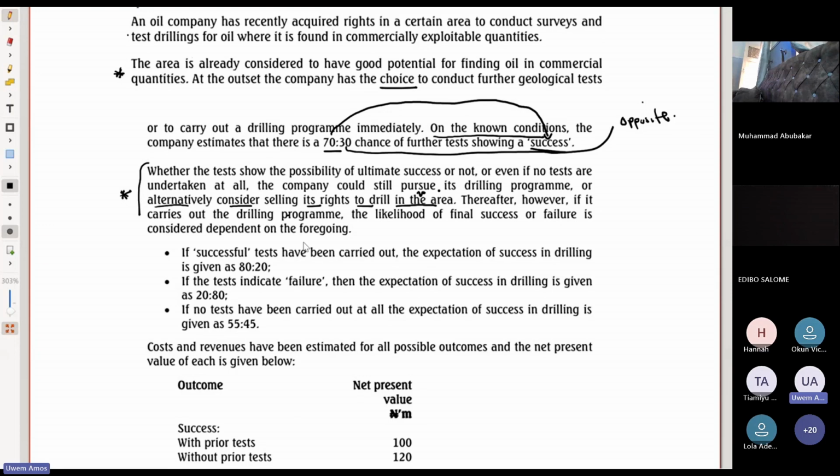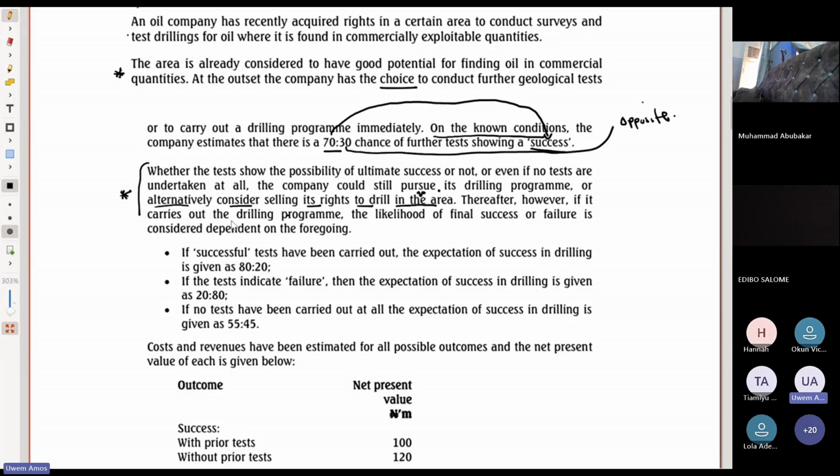Now let's go ahead with that. If it carries out the drilling program and you have a successful test, the expectation of final success in drilling is given as 80-20. So 80 will be success, 20 will be failure, like we discussed. Let's read it one more time.